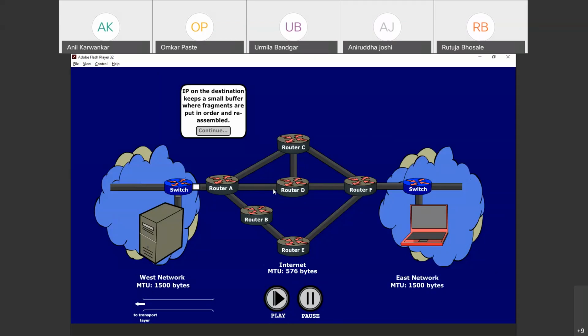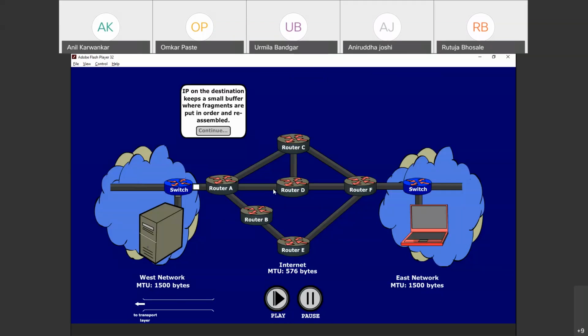If router F to router D is 5 meters and router D to router A is 5 meters, then the weightage associated with the distance will be only 10 meters. Similarly, if F to C is 10 meters and C to A is 10 meters, then the shortest path will be F to D to A, since in terms of distance that is the shortest path for the packet to be propagated from the sender's network to the destination network.